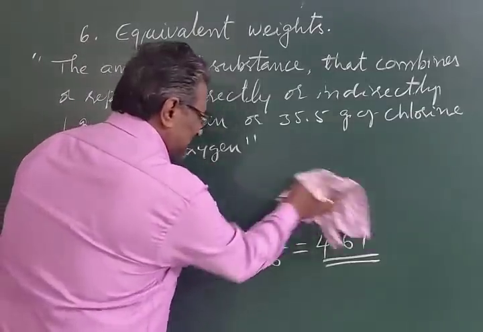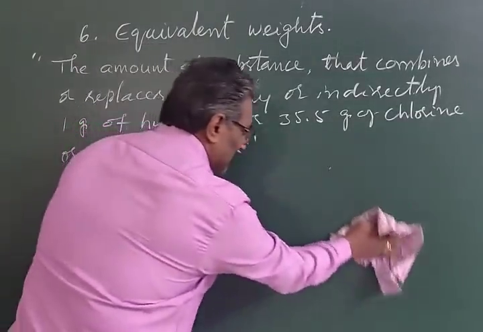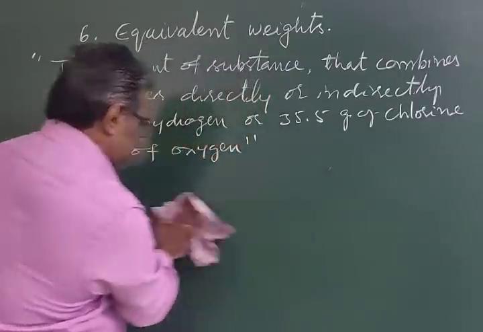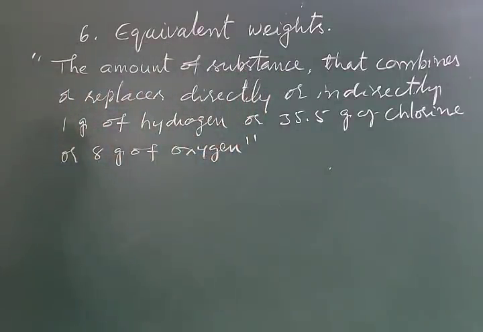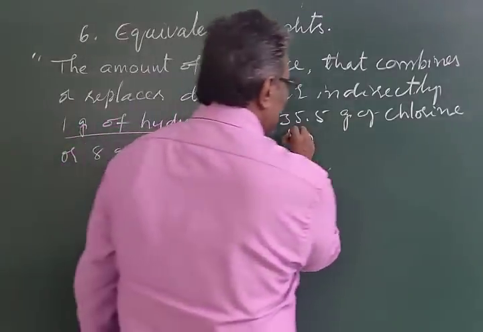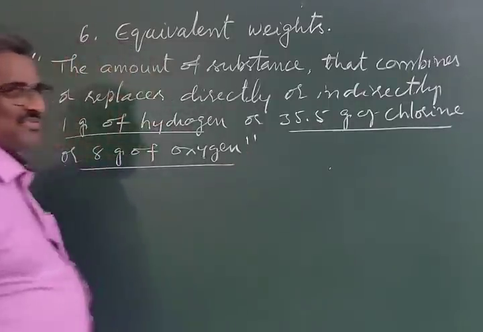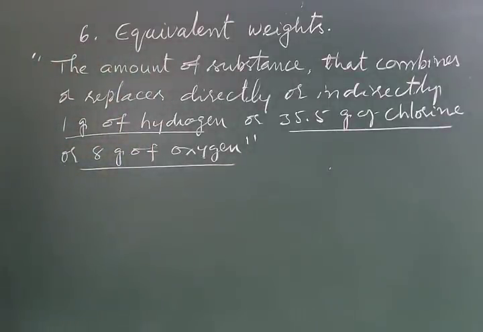Let us see another example. We mentioned 3 elements in the above definition: 1 gram of hydrogen, these many grams of chlorine and these many grams of oxygen.